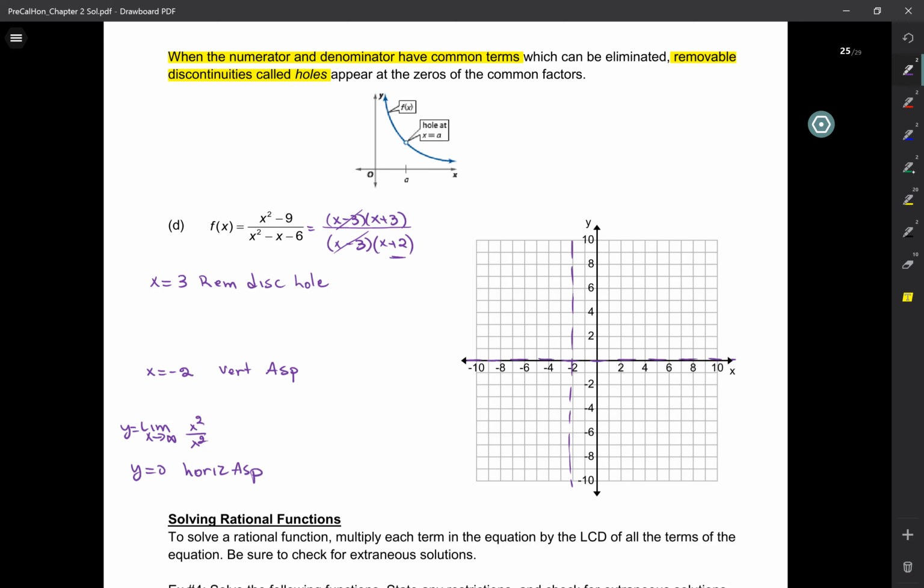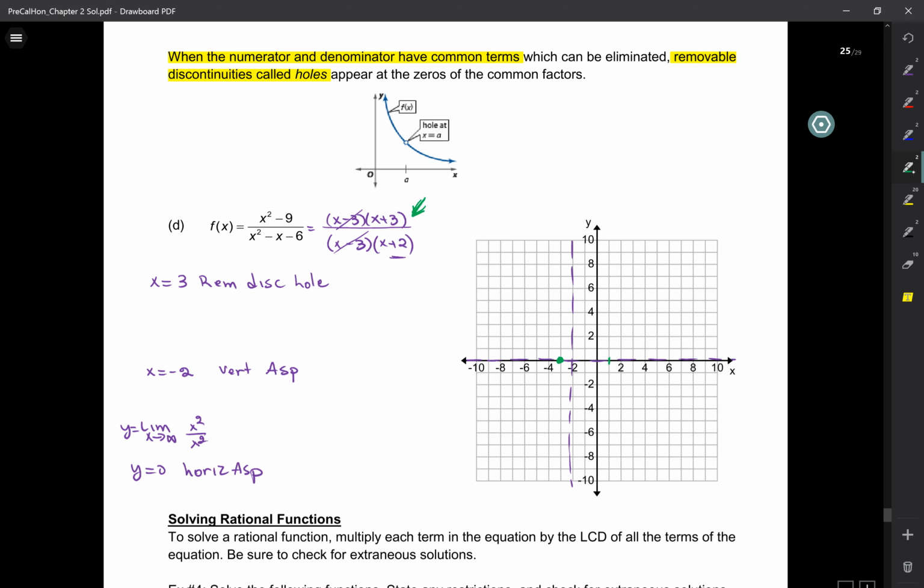Okay? And then where are the actual zeros? Well, look, from here, we can figure out that at x equals negative 3, there is a 0. Now, at x equals 3, somewhere on this vertical line, there is a hole. But where is it?